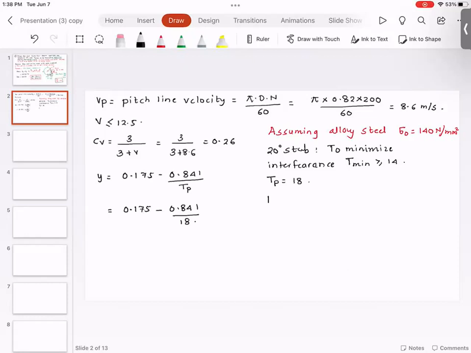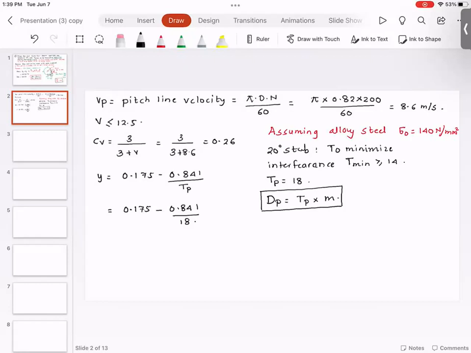At this point, let's look at a very important equation. Diameter of the pinion is the number of pinion teeth multiplied by the module. This is the most important equation in determination of dimensions.